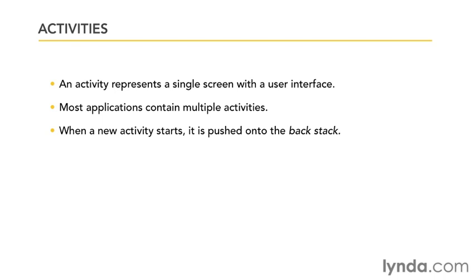But if the user hits the back key, it's actually going to pop that current one off and show me the one that was there before. So again, this concept of having a stack of activities that the user can navigate back and forth through using the back key. Now, the user interface for activities can be built either with XML or directly in Java.